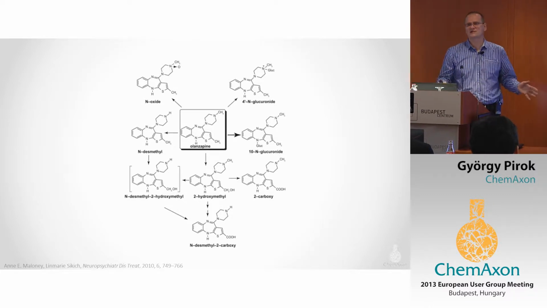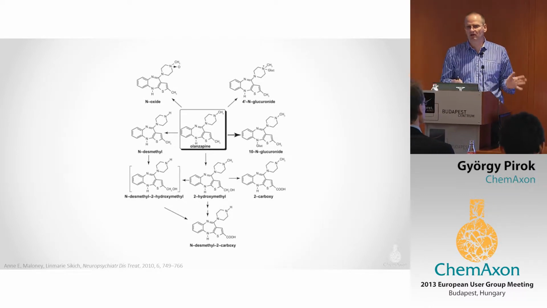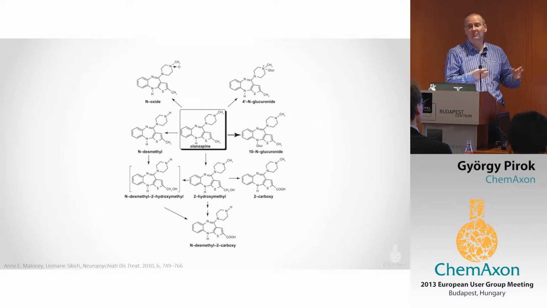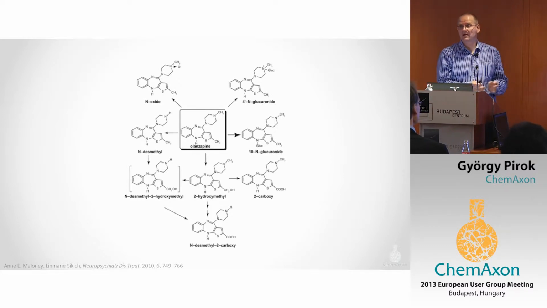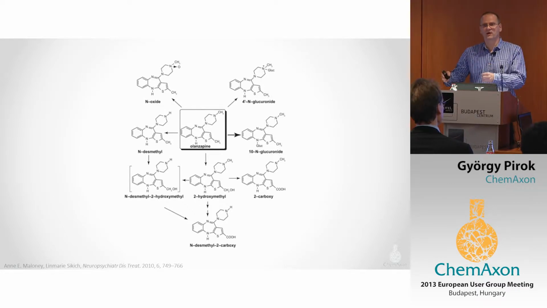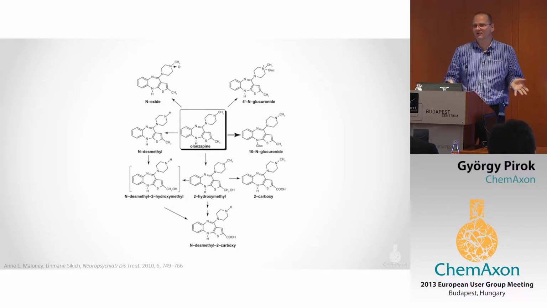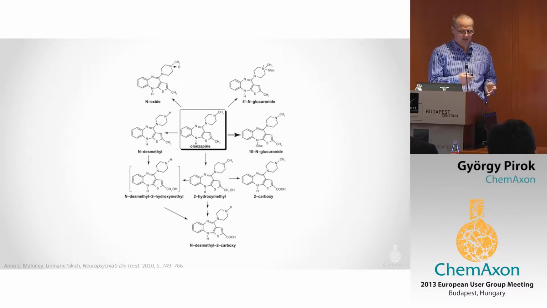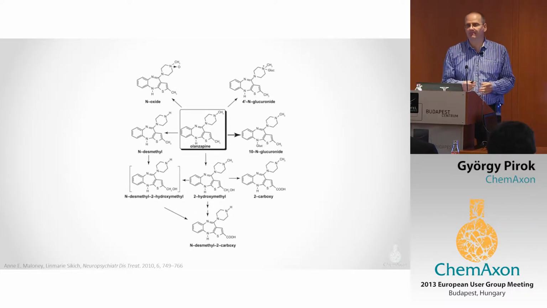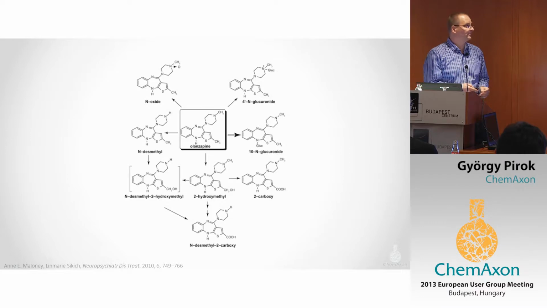Actually, there could be 1,000 metabolites created from a single compound. Lots of biotransformations can take place in several places, and they follow each other, so it can be a combinatorial explosion. However, experimentally, we detect only some of them. These are the most important ones.